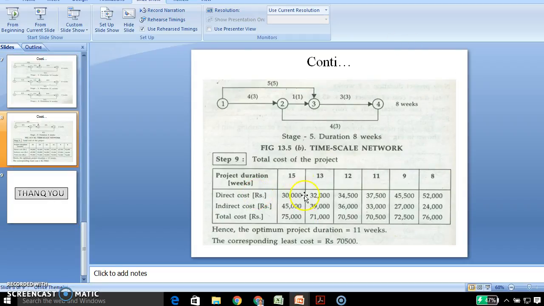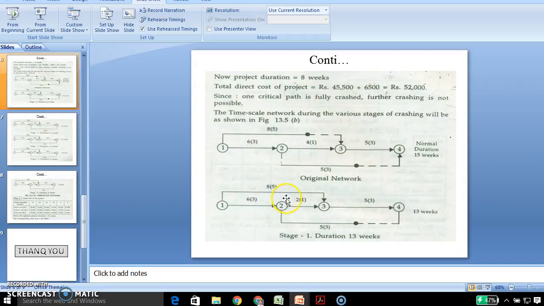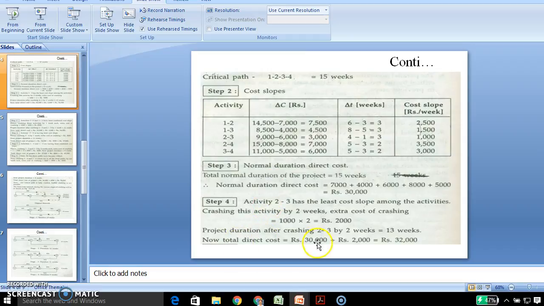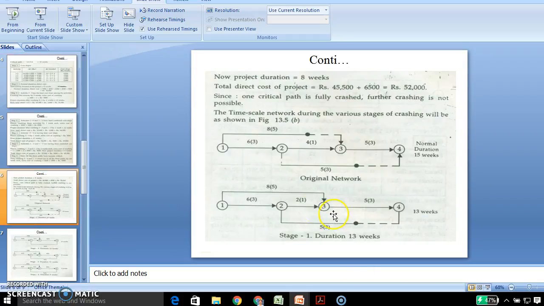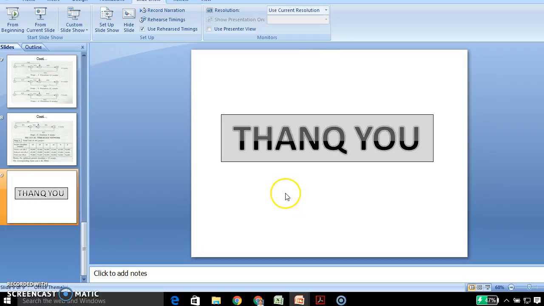Finally we should calculate the total cost of the project. The project durations are 15, 13, 12, 11, 9 and 8 weeks, and the direct costs are the costs we calculated for the crashing activities: 30,000, 32,000 for 13 weeks, and so on. We denote them in a table.